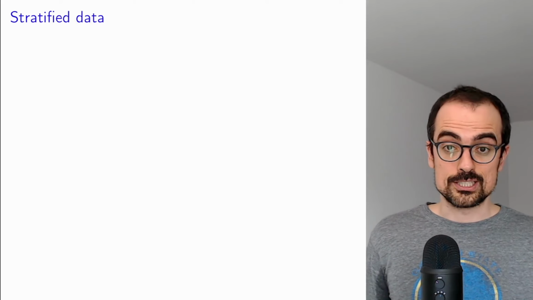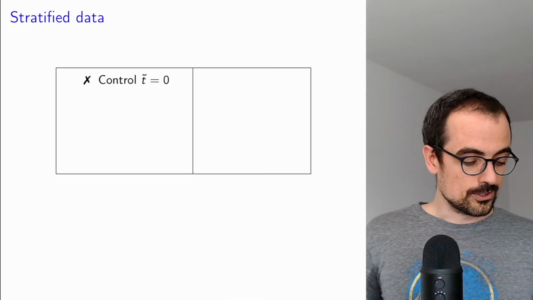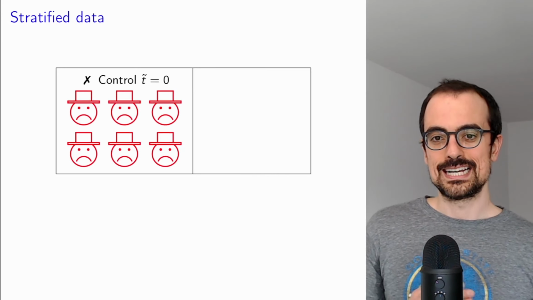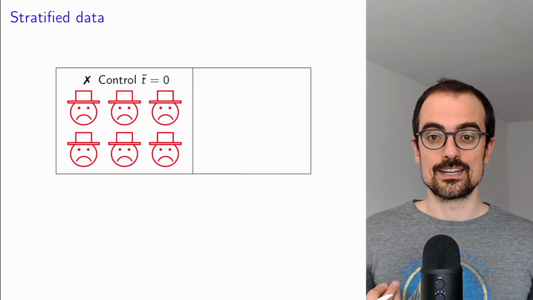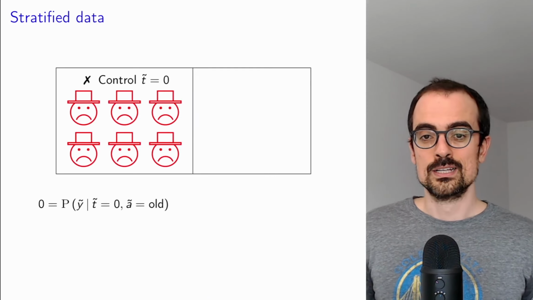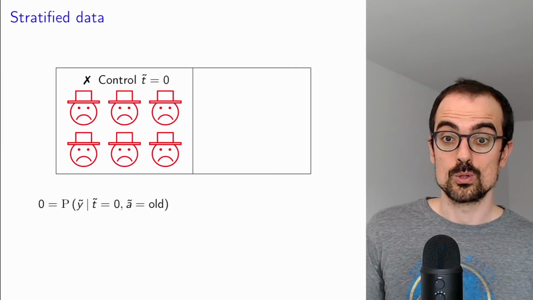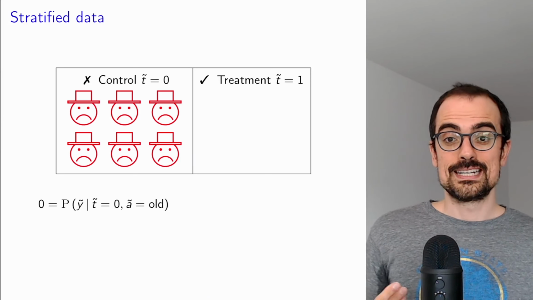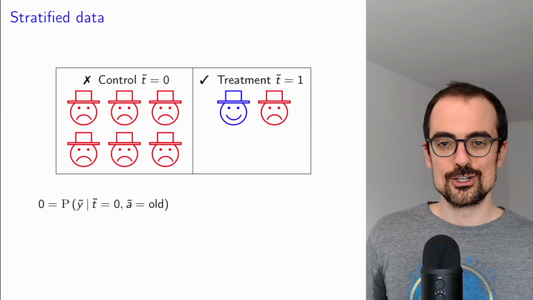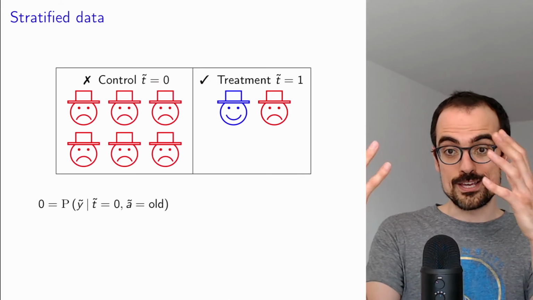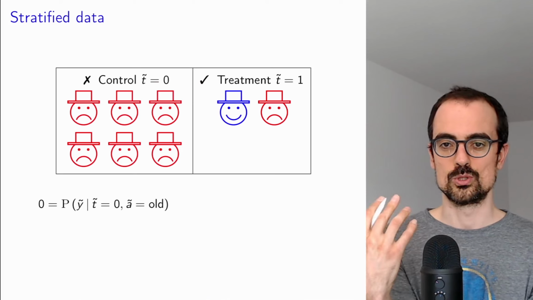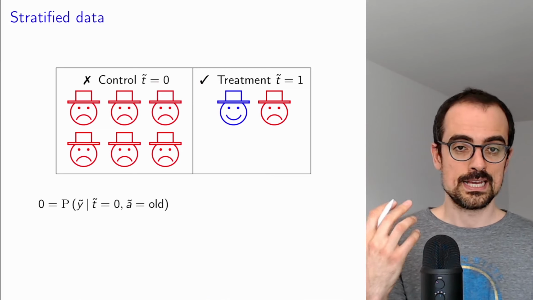Now when we consider the stratified data, these old people in the control group are not together with the young people, they're on their own, and this enables us to correctly see that none of them recover, that the true probability of recovering if you're old and you don't get treatment is 0. In the treatment group, now these two old people are not together with a lot of young people that boost the seeming likelihood of recovering, they're on their own.